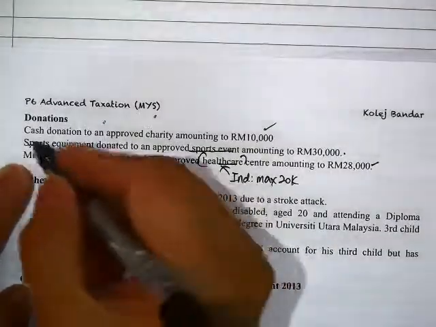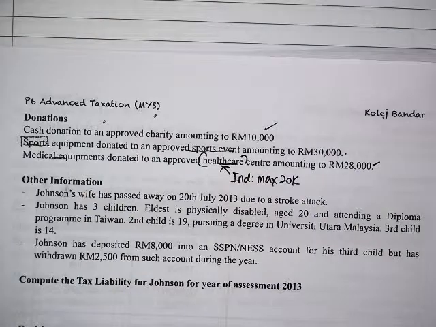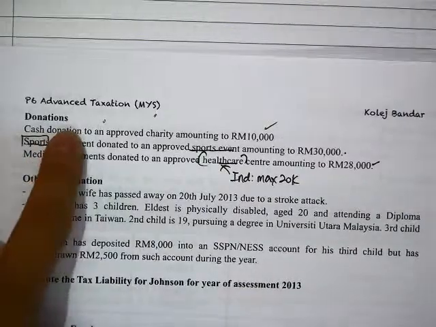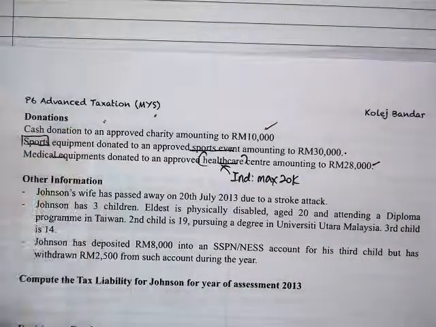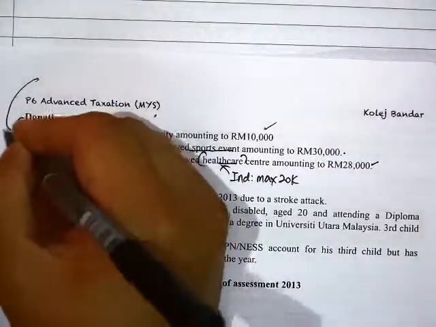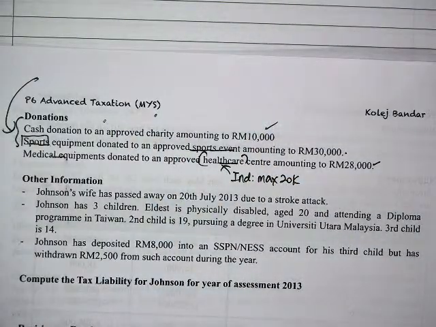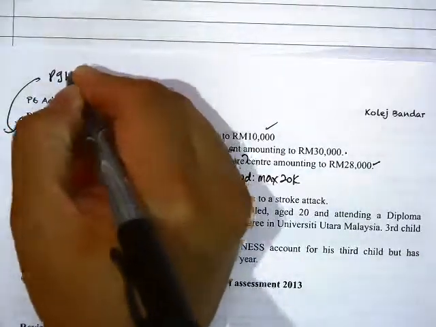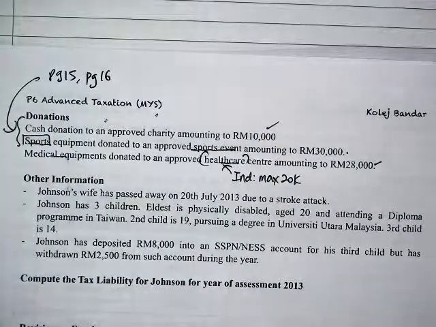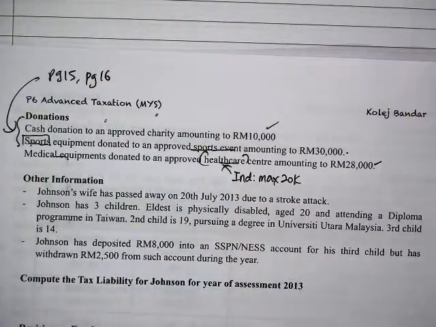The donation for sports as well as projects of national interest is restricted to 7% or 10% depending on the person. 7% of your aggregate income reduced by the donation you claim under 44.6. All these are the rules on donation. If you've forgotten, please run through the notes on pages 15 and 16.